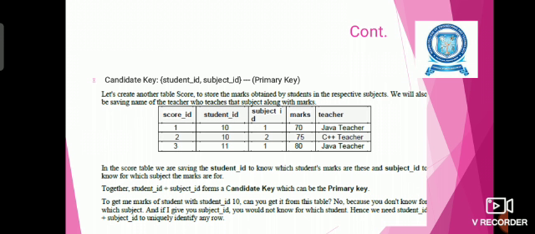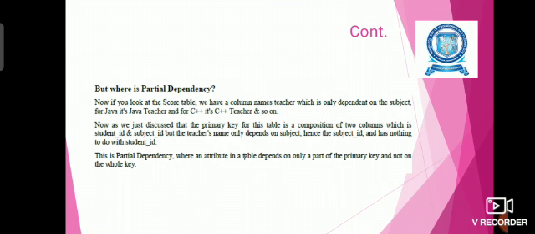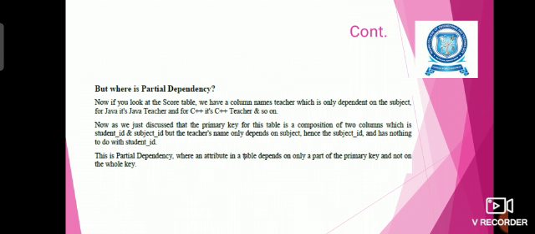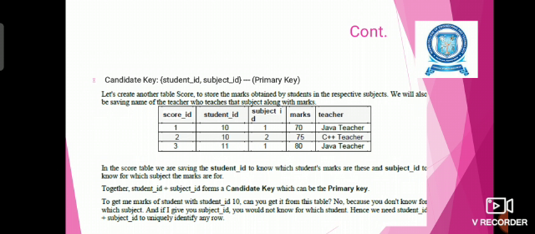Now we are going to identify where the problem is. The problem is with the attribute teacher. The teacher is dependent on the subject ID, not on the student ID. The condition of the second normal form is that all other attributes in a table should be fully functionally dependent on the primary key.